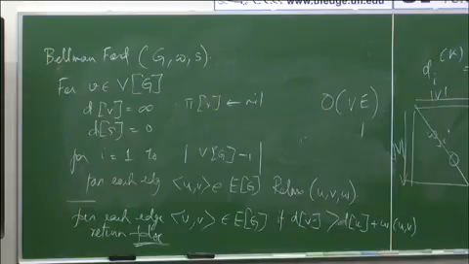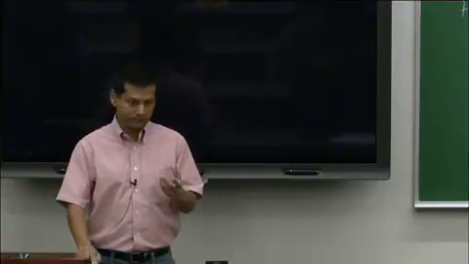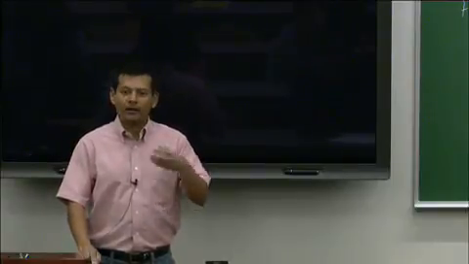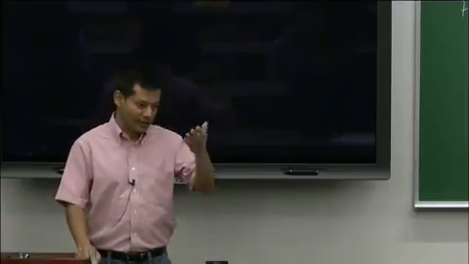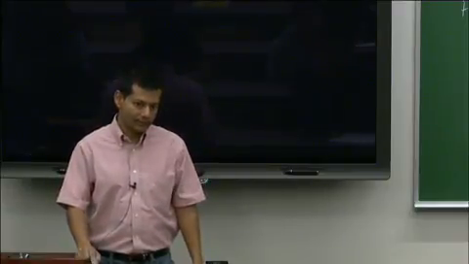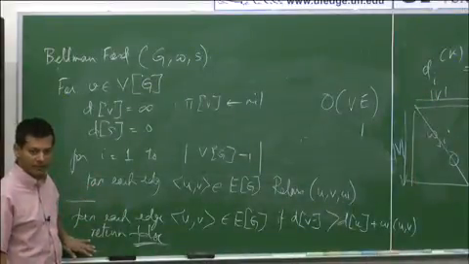Okay, remember I said that if you have negative edges, you can still have a solution, except that if you have negative edges with a cycle, then you cannot have a solution, because you can go through the cycle more than one time and keep dropping your d values.